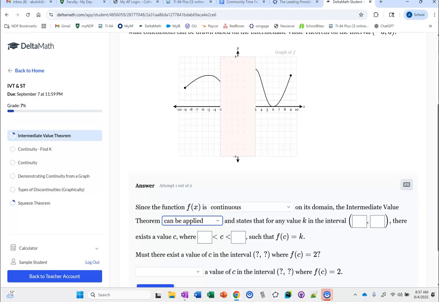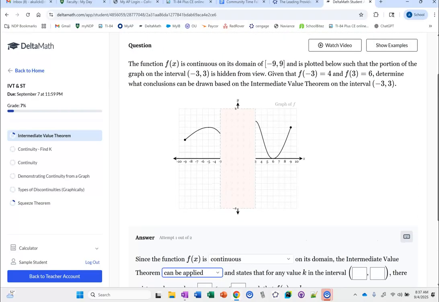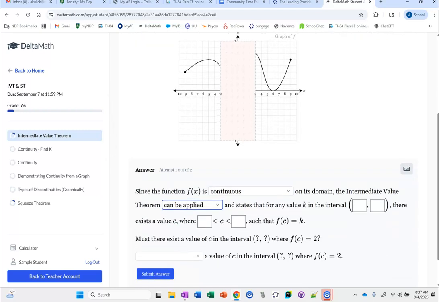So any k that's between the y coordinates of 4 and 6, there exists a c between x's, -3 and 3, such that f of c is equal to k.